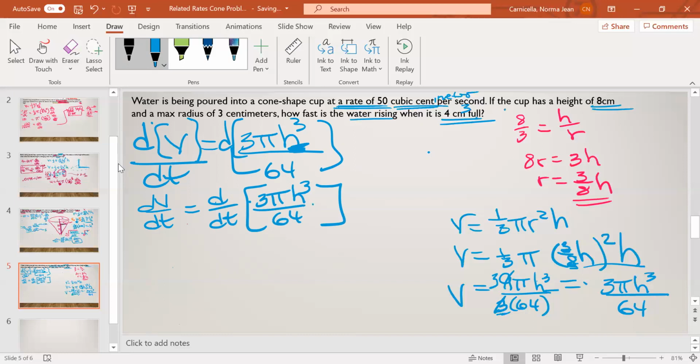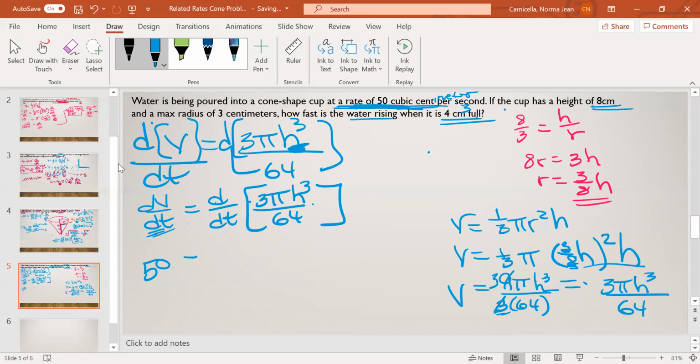Pretty much I just rewrote what I had on top, but now I wish I didn't erase it. We did have in our list of knowns that dV dt is 50 cubic centimeters per second.